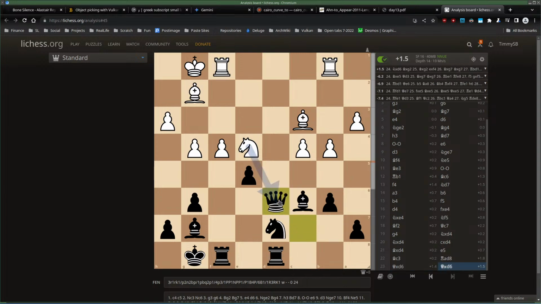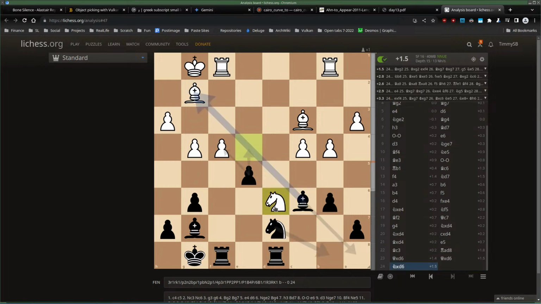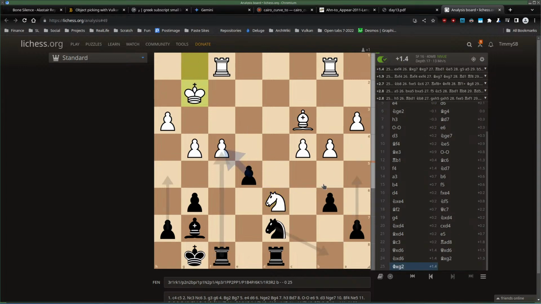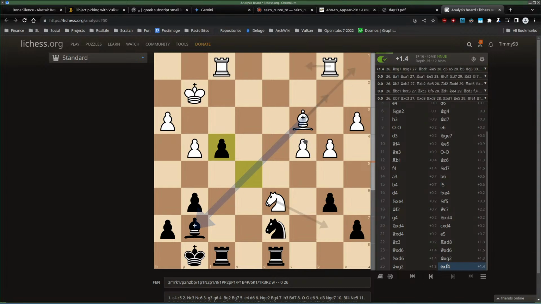I choke, which is the best move, thank God. And yeah, let's not talk about that move. He took back. Bishop takes g2. King takes back. E takes f4. Yeah, still more than +1. +1.5.